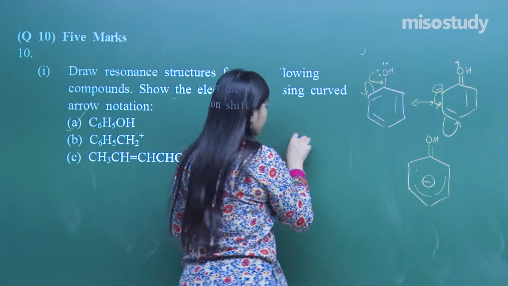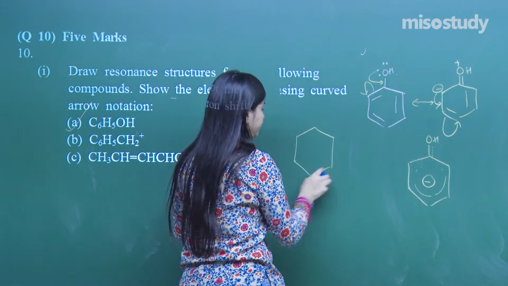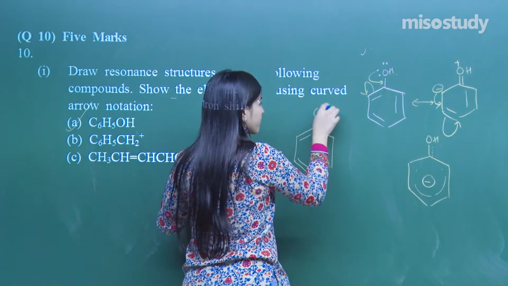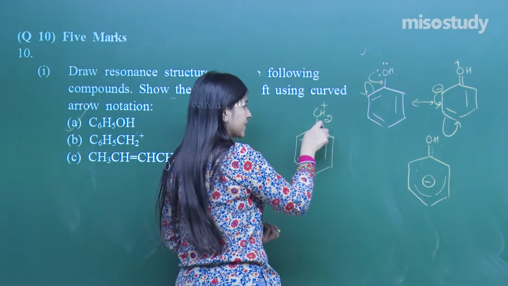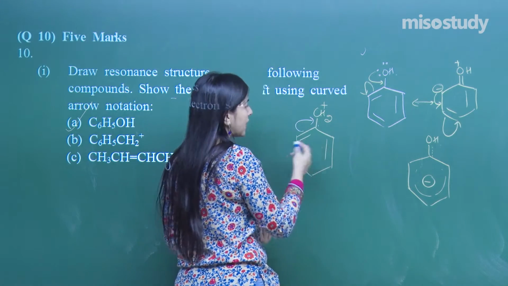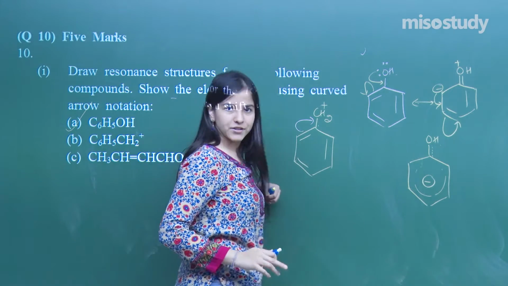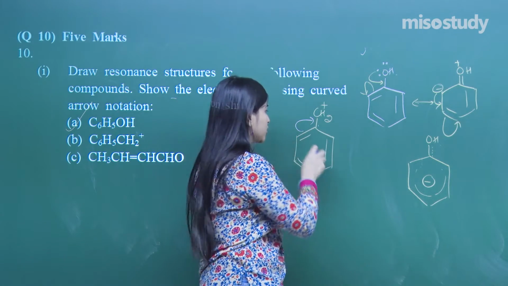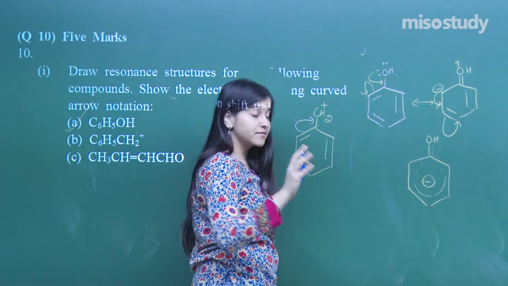So it's a benzyl carbocation if you recognize. Double single positive, resonance condition fulfilled. Now it will be reverse direction because these electrons must neutralize this positive charge. So it will be jump on the floor, that's it.